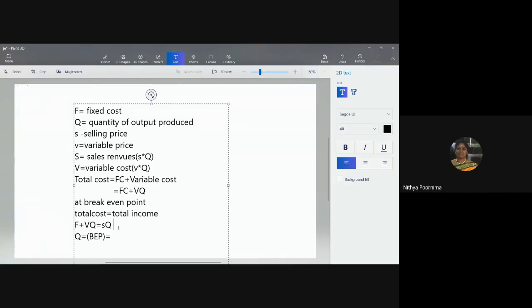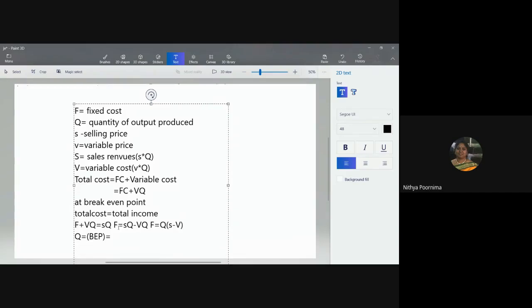I will keep F as it is. So F is equal to Q outside, S minus V.